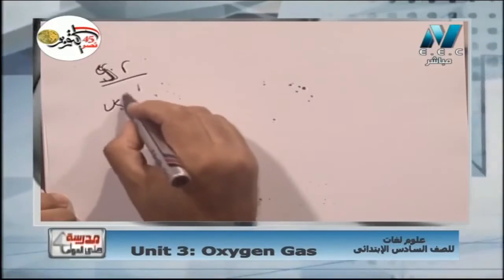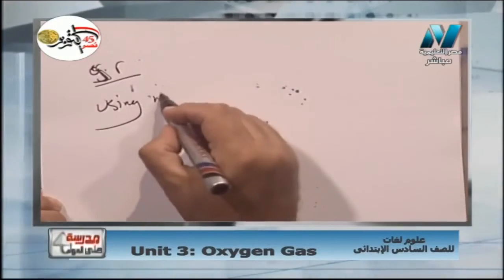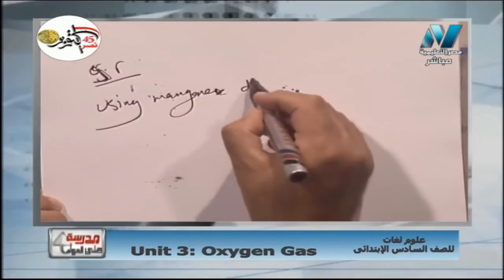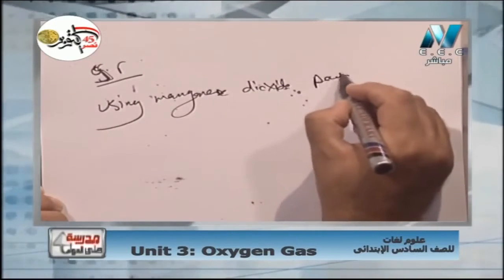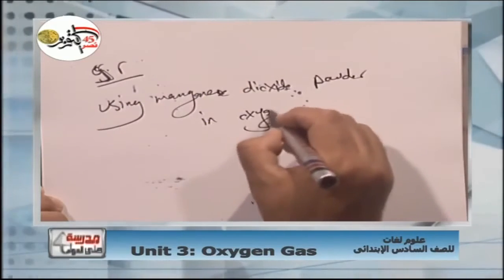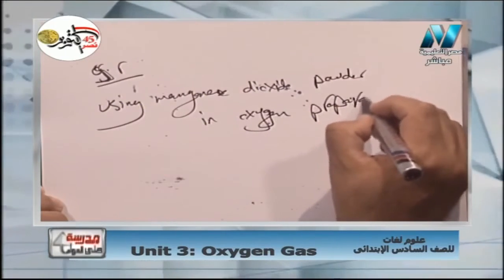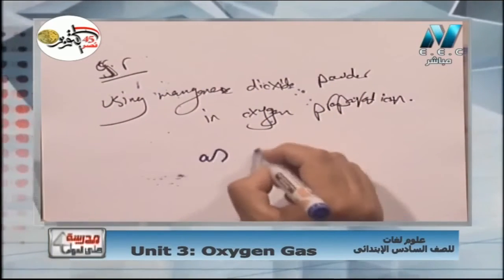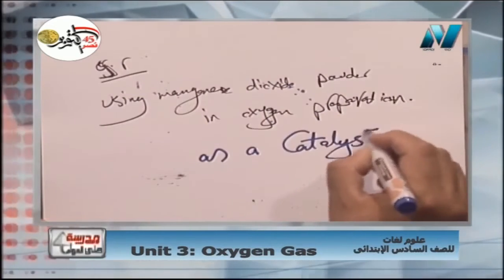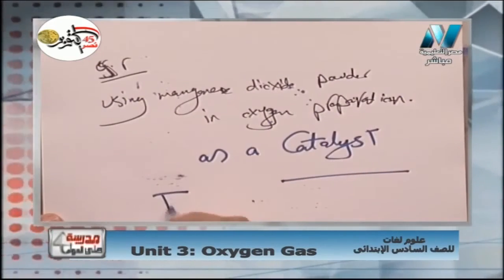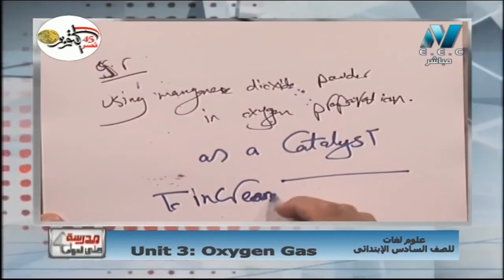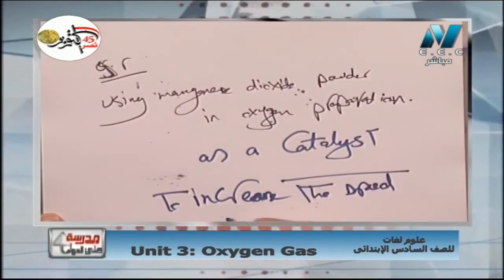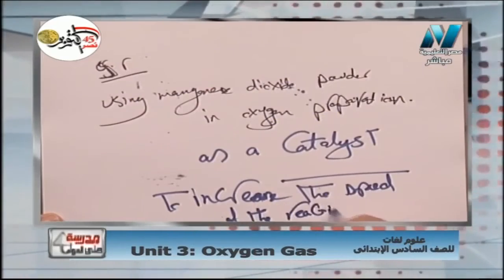A very important give reason which says that give reason using manganese dioxide powder in oxygen preparation. ليه بستخدم manganese dioxide powder؟ واحد يقول لي هو ما عملش حاجه خالص، هو اوريدي الهيدروجين بروكسيد اتحلل لوحده الاكسجين ووتر. طب هو ليه بستخدمه؟ كلمه واحده بس اقول له as a catalyst. يعني ايه catalyst؟ يعني عامل مساعد، هو بيخلي الرياكشن increase the speed of the reaction عشان يزود سرعه التفاعل.